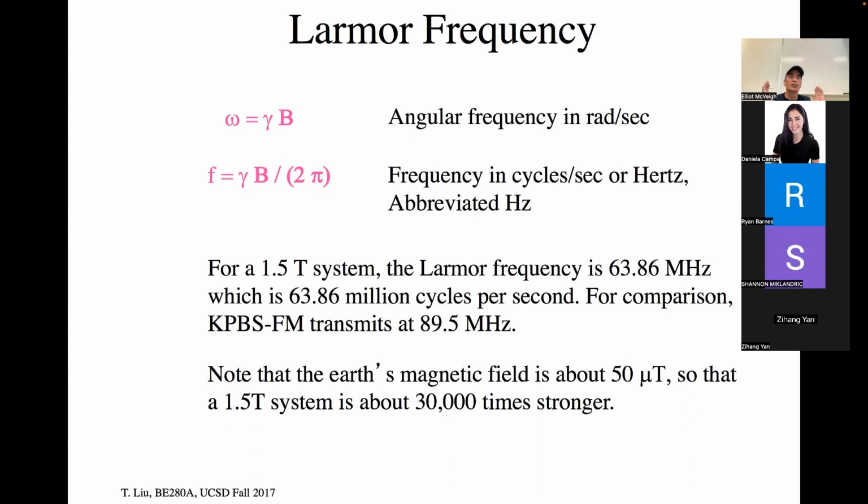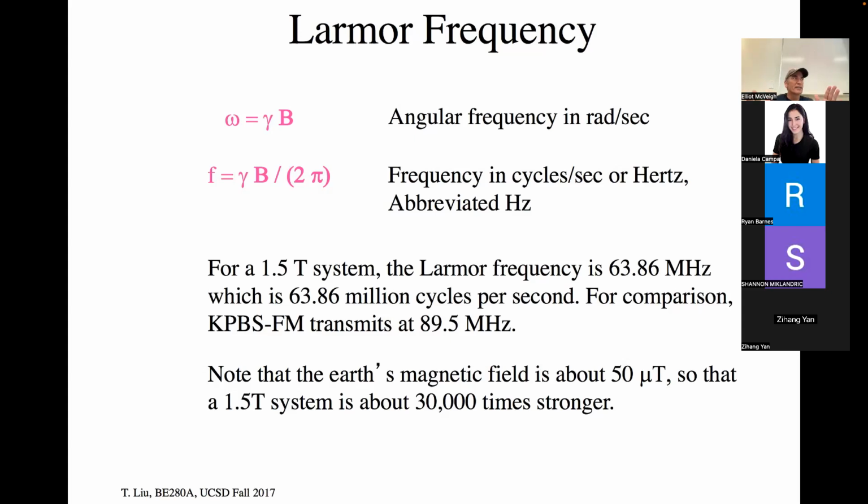But that difference can be used to create a signal from that sample, that water sample. And what you do is you inject radio frequency energy at the frequency when you use the energy of a photon is h mu, where mu is the frequency of the photon. If the photon energy is exactly the right amount to take the low energy proton that's aligned with the field and flip it to the high energy configuration, then your sample will absorb a lot of that radio frequency energy.